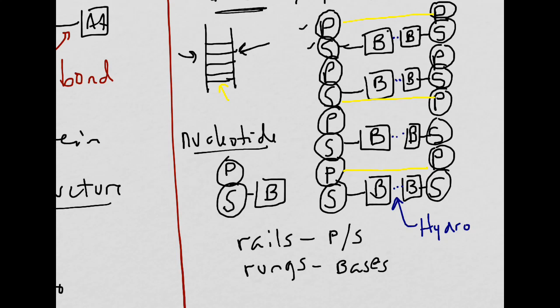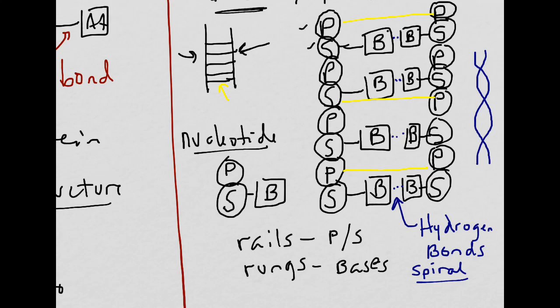Those are hydrogen bonds, weak electrical attractions that actually will create the spiral. So you'll hear DNA referred to as a double helix. So in the end, you take your ladder and you give it a twist, just like that.